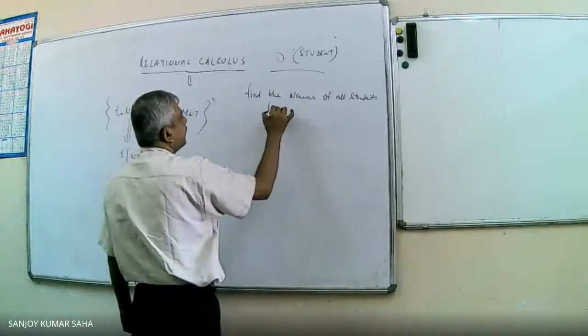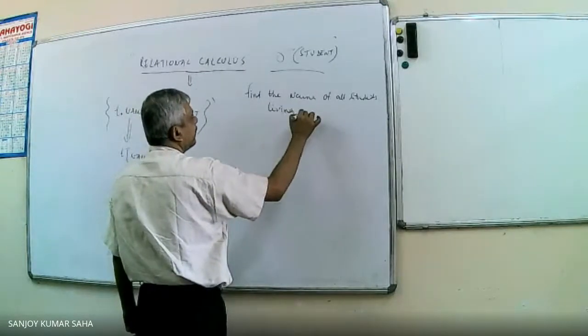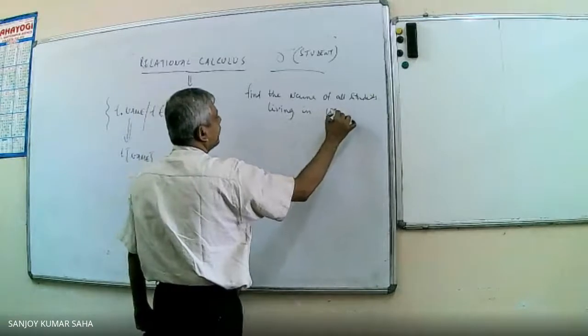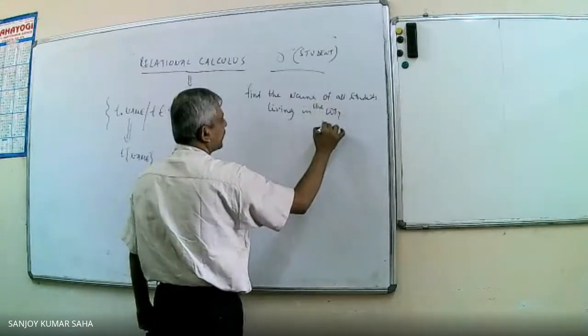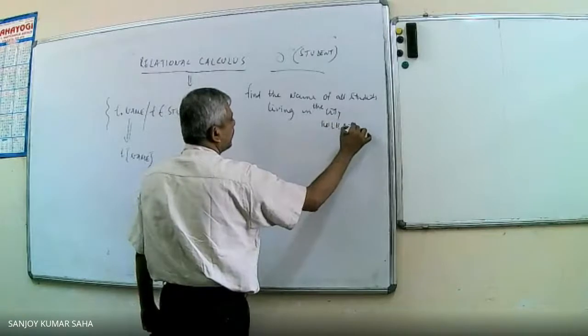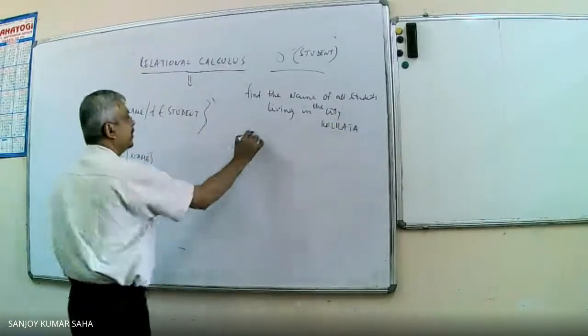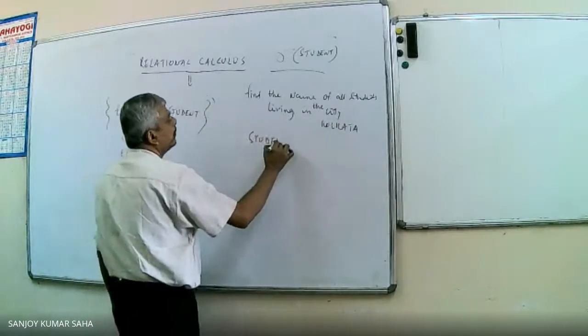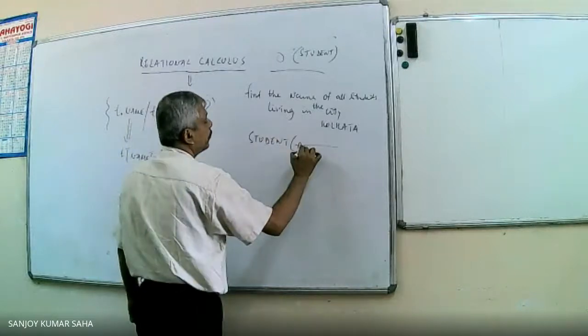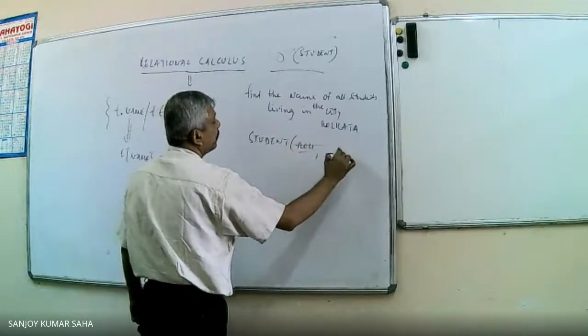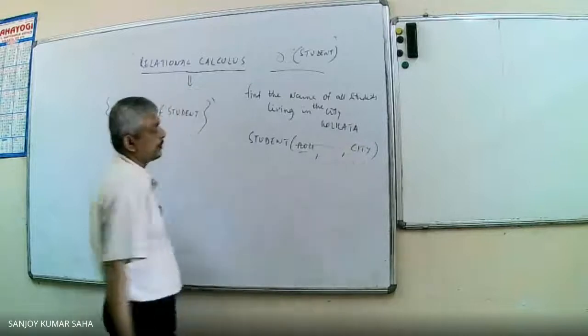Now suppose we want to find the name of all students living in the city Kolkata. Suppose in our student relation, along with roll and so on, we also have a city.